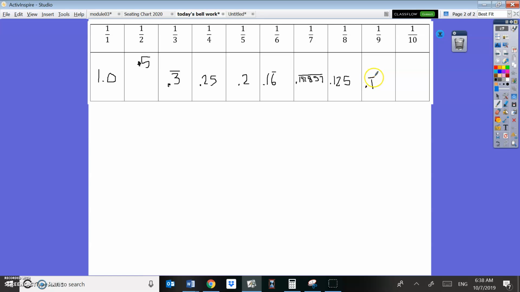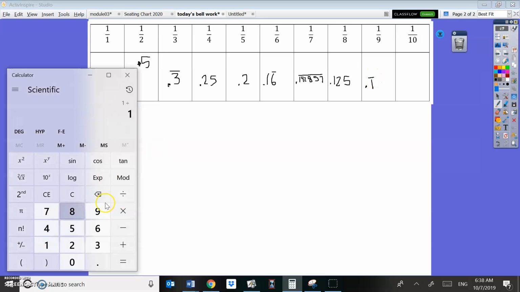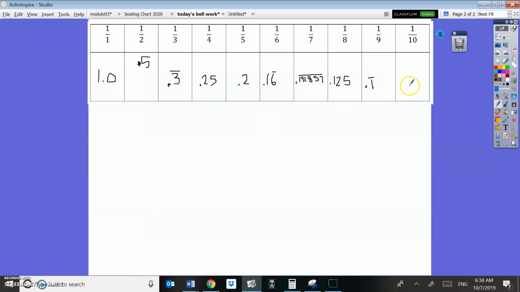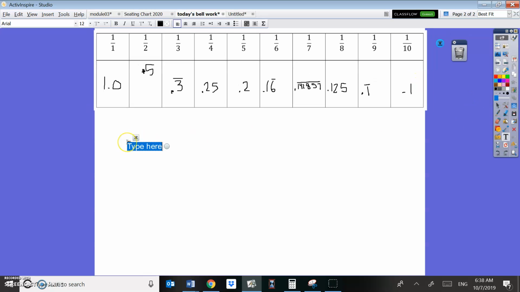And 1 divided by 10 equals 0.1. Okay, so which are repeating and which are terminating?